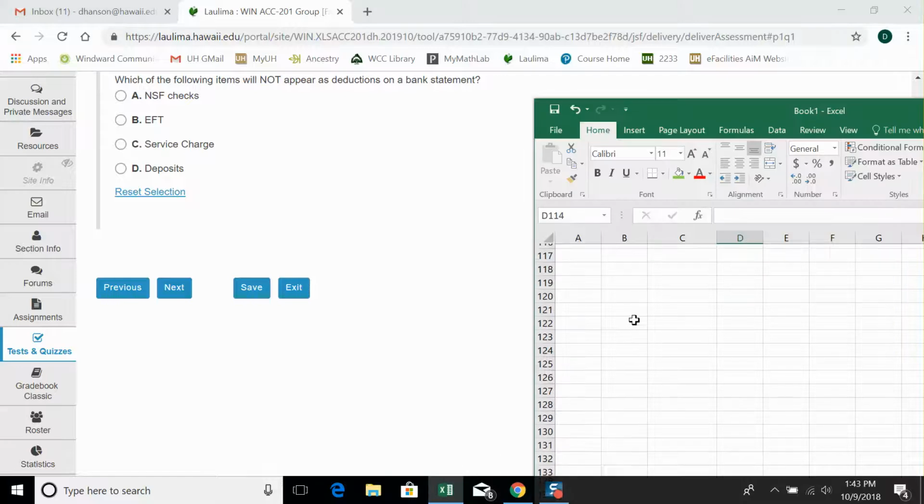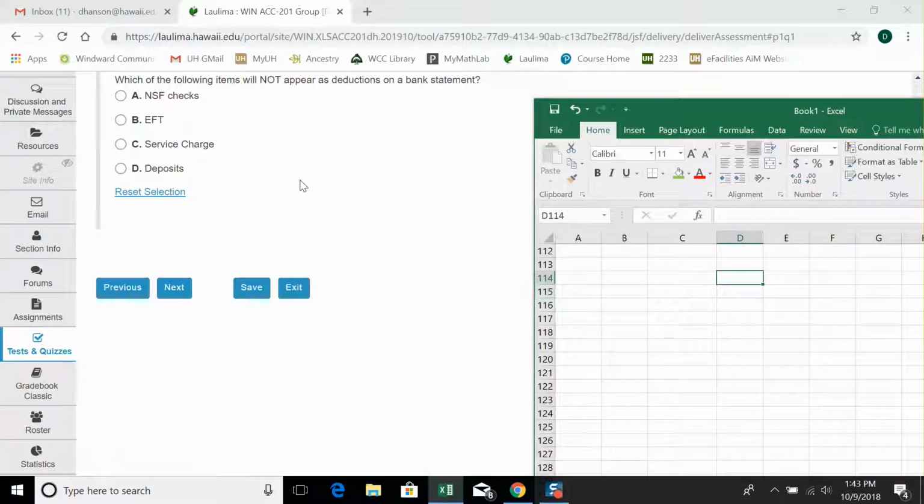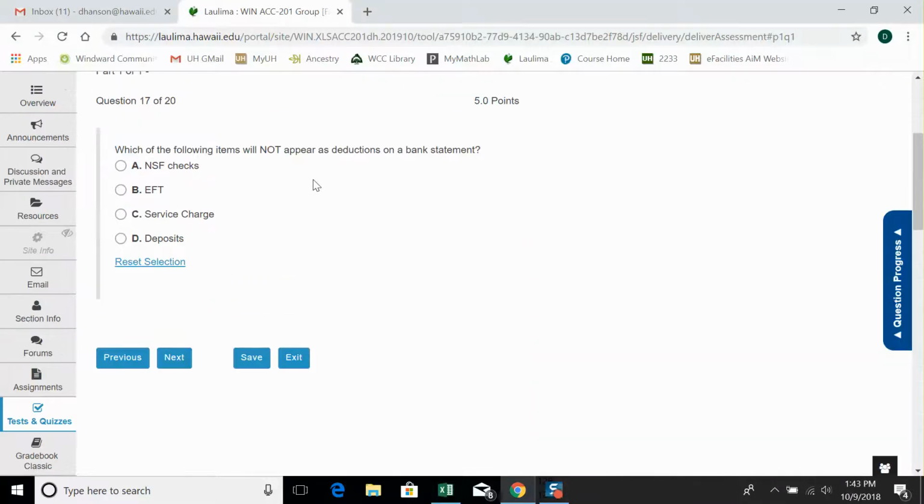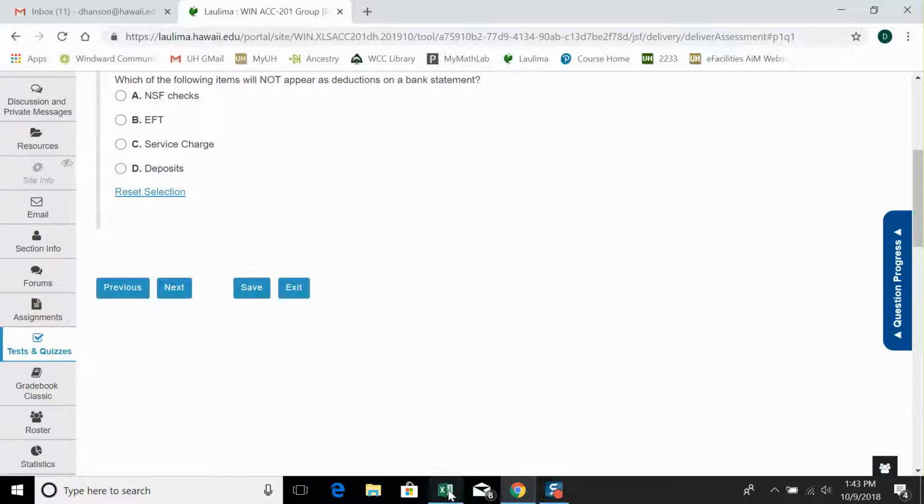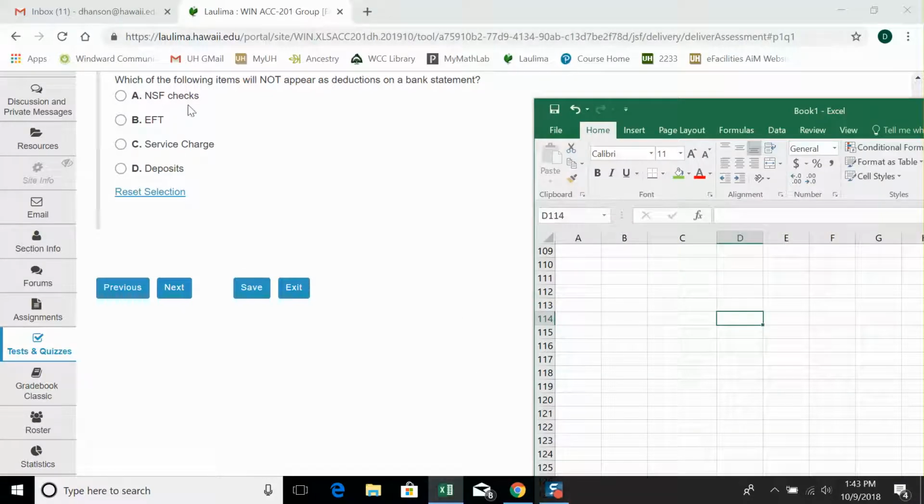Let's see what question 17 of 20 says. Which of the following items will not appear as deductions on a bank statement? So, which items are not showing as items that reduced your balance when you get your bank statement from your bank?